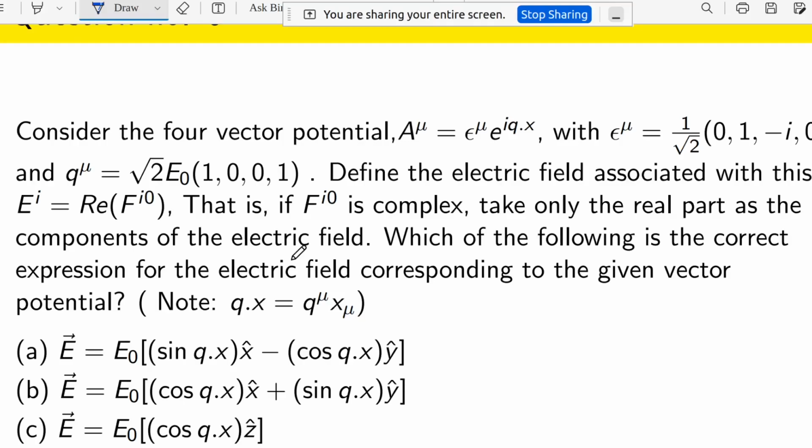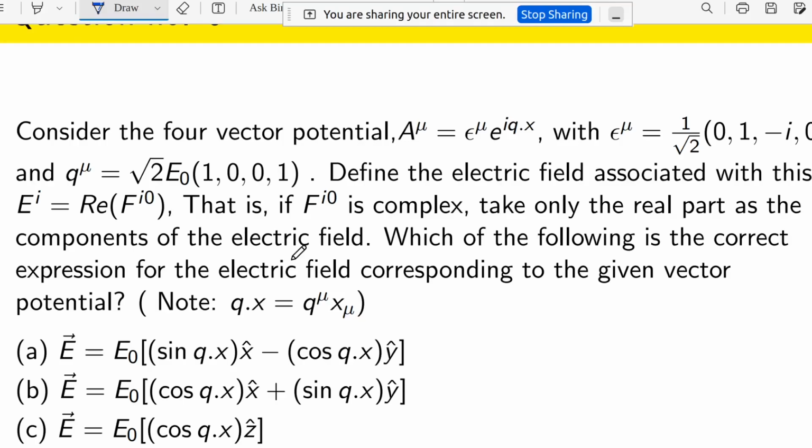So the next question: consider the 4-vector potential A mu. A mu is epsilon mu e to the power i q dot x, with epsilon mu equals to 1 by root 2 times (0, 1, minus i, 0), and q mu equals to root 2 E0 times (1, 0, 0, 1).